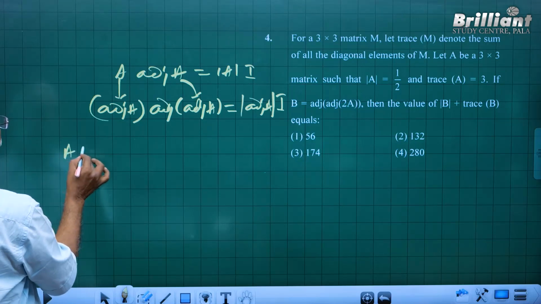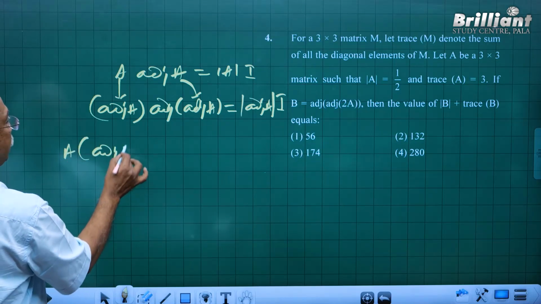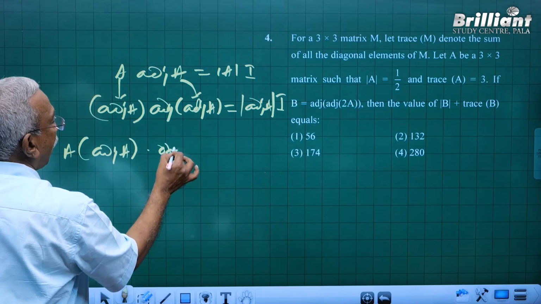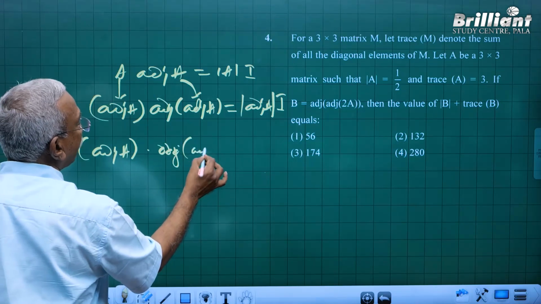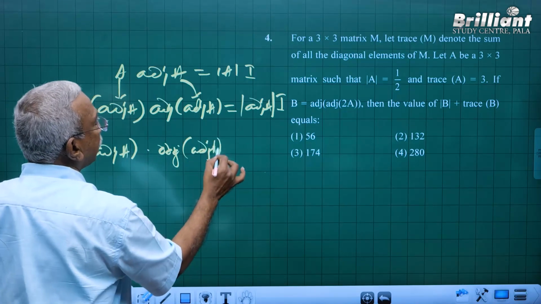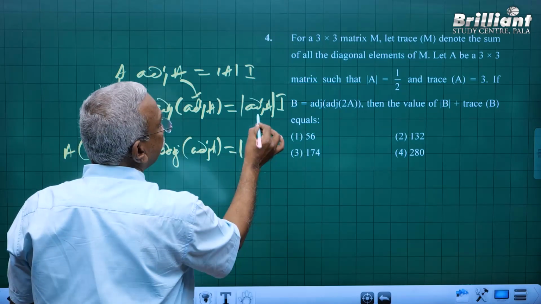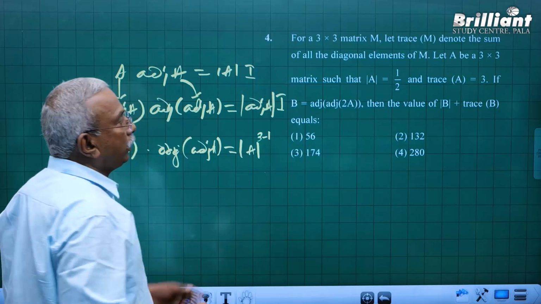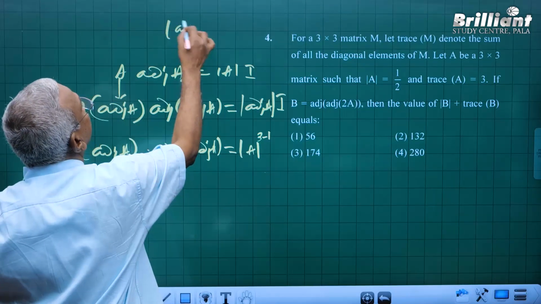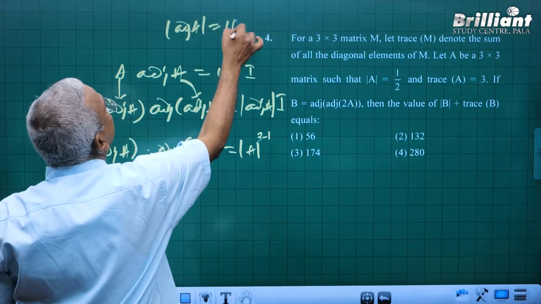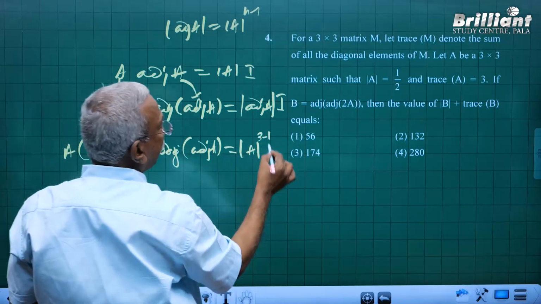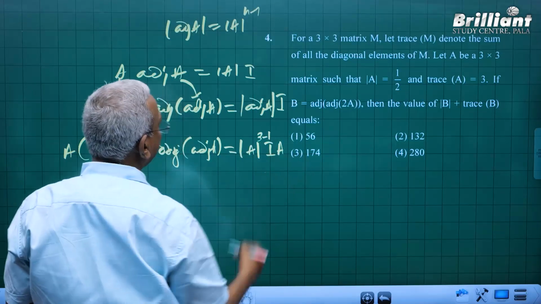So, A into adjoint A into adjoint of adjoint A is equal to the determinant of adjoint A, which is determinant raised to n minus 1, that is 3 minus 1. So it is 3 by 3, into I into A.